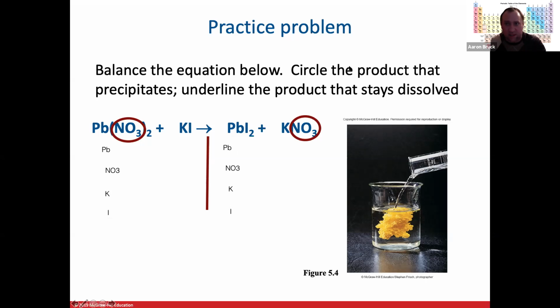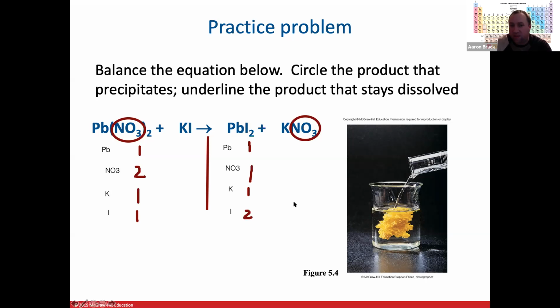And I can see that I have one lead, I have two nitrates because of this subscript of 2 on the outside. I've got one potassium and I've got one iodine. On the other side, I have one lead, one nitrate, one potassium, and 2 iodine.